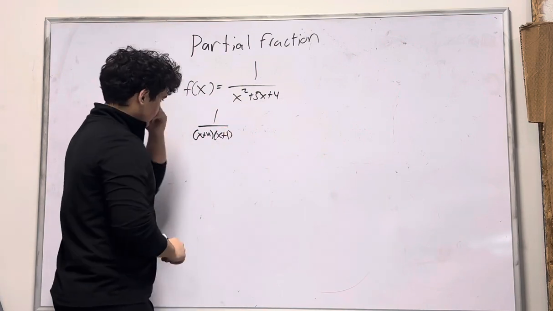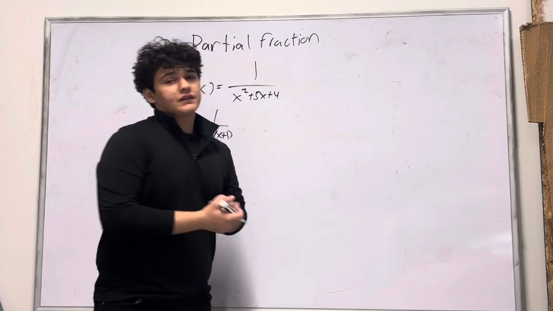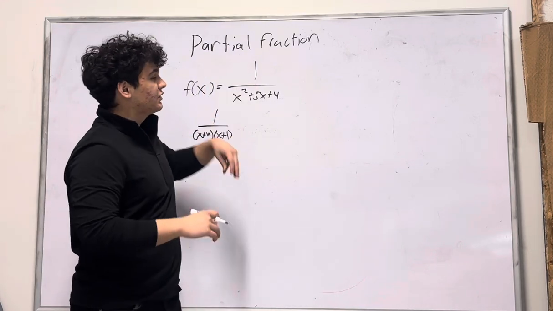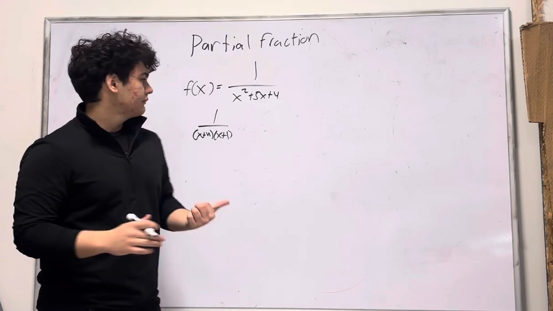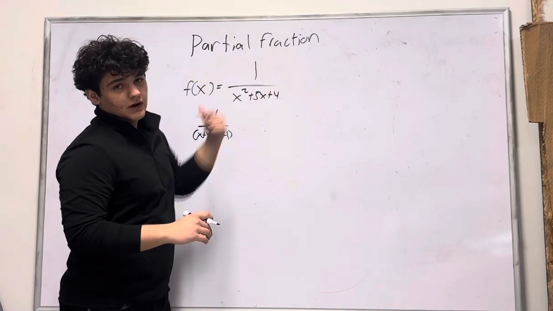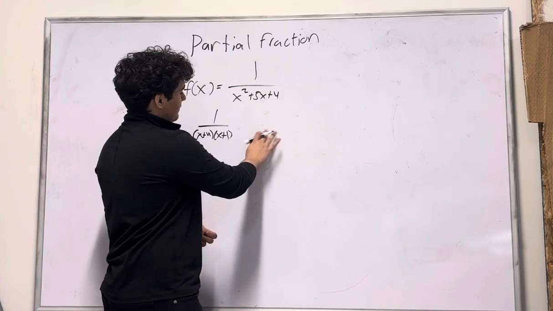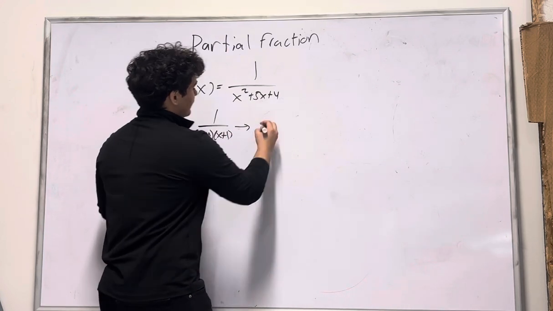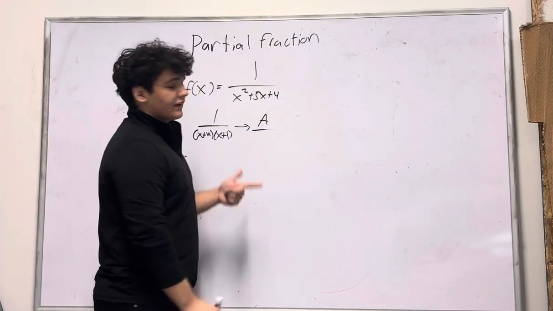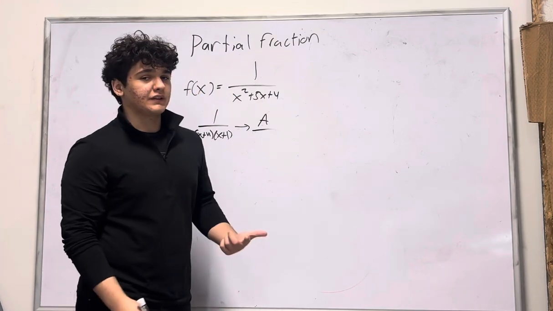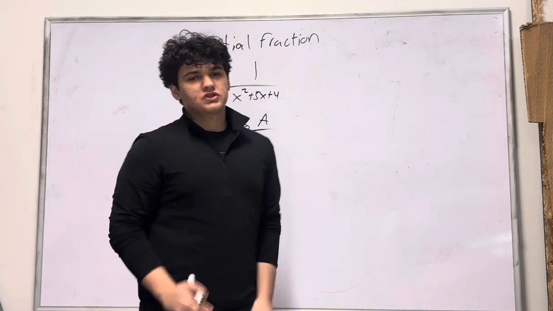All right. Now, like I said earlier, we want to create another function that, when added together, equals this, right? So what we're going to do is try to split this up, all right? So we're going to use some random constant A. Now, as you'll see, A and B are just placeholders for some random number, right?